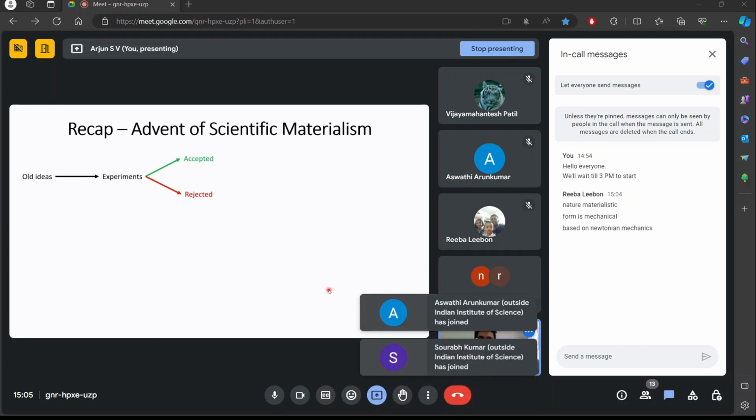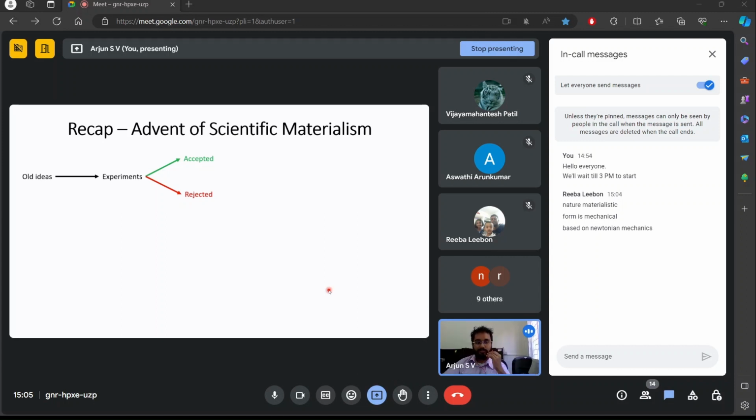So week 4 starts off with how scientists or philosophers alike tested ideas using mechanical materialistic principles. They used to take old ideas which were preached either through idealistic or materialistic thoughts, and they came up with experiments to validate these old ideas.